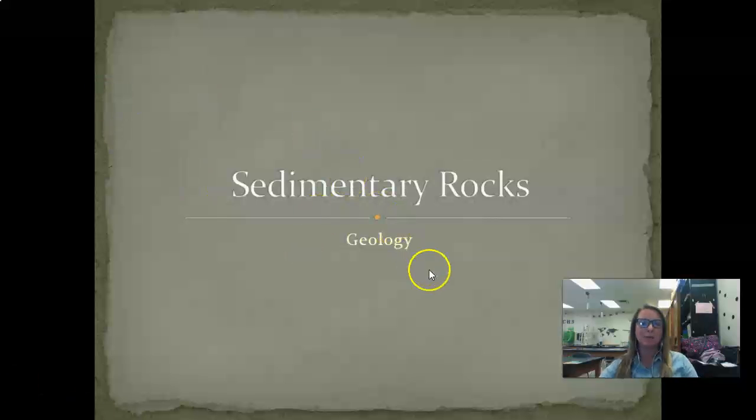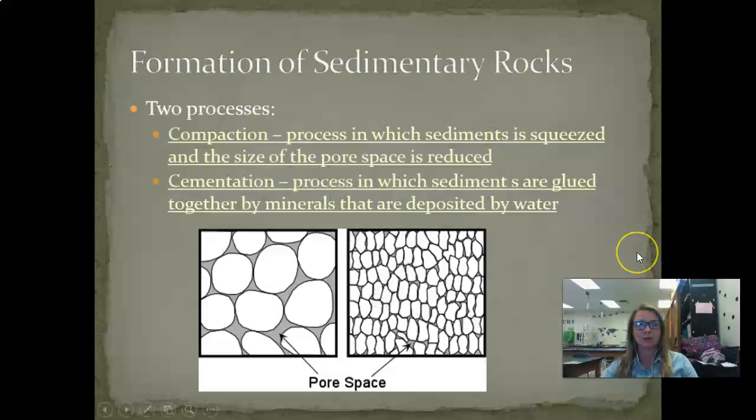So we live in the world of sedimentary rocks. As we go through, there might be times that I say, hey, go outside and grab one and let's take a look at it. We can tell a lot about the geologic history from sedimentary rocks.